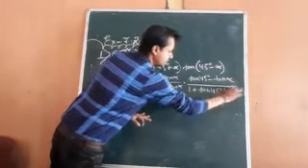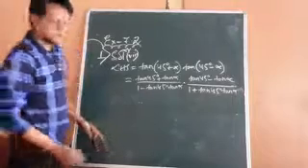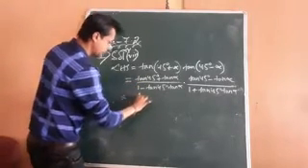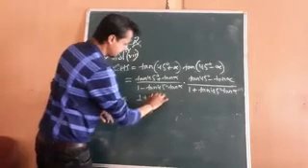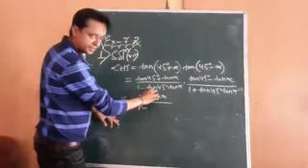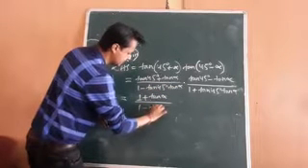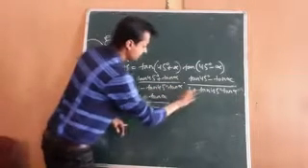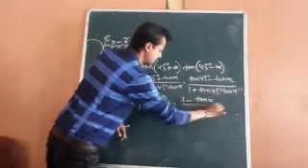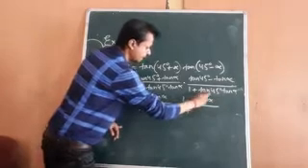So tan 45 degree, what is the value? 1. So (1 + tan alpha) / (1 - tan 45) is 1. So 1 into tan alpha is tan alpha, into (1 - tan alpha) / (1 + tan 45).